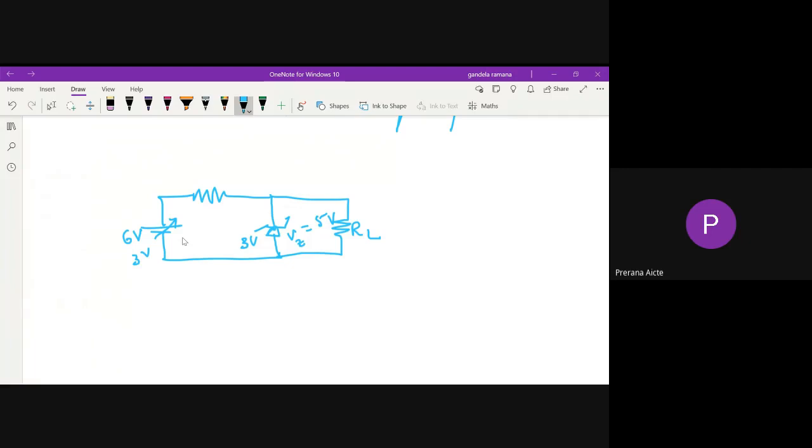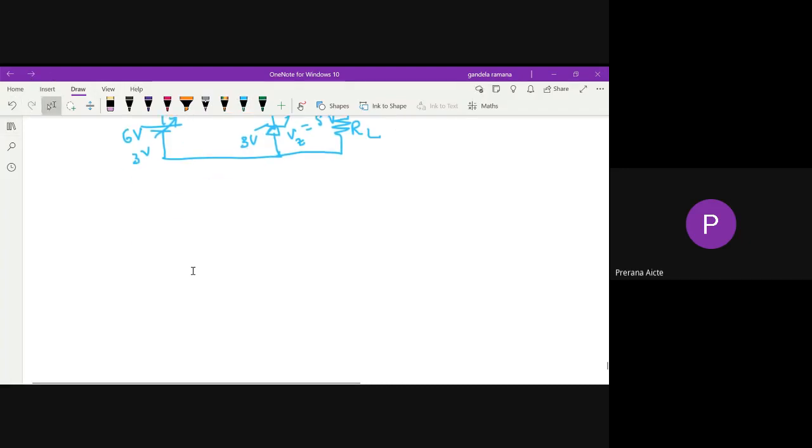So in a Zener diode in reverse bias, what happens? Is the dynamic resistance low or high? Generally an ordinary diode has high resistance, but in a Zener diode it is low resistance. Why? Because in Zener breakdown, what is the formula for dynamic resistance? Change in voltage by change in current.